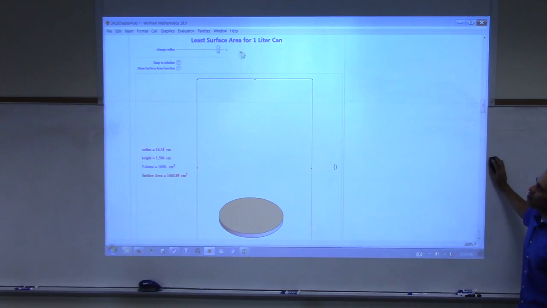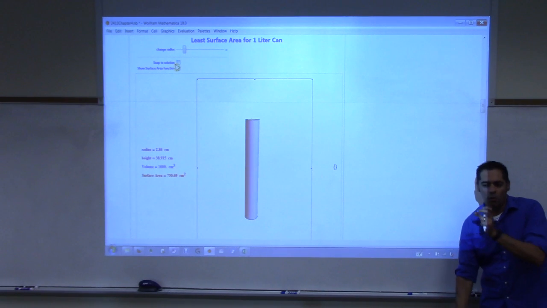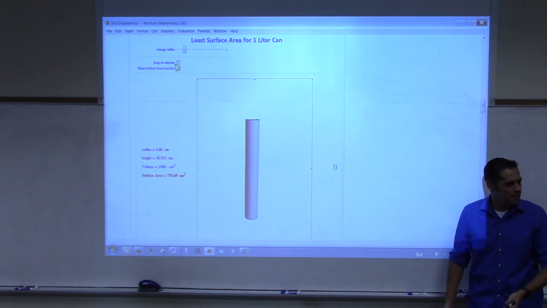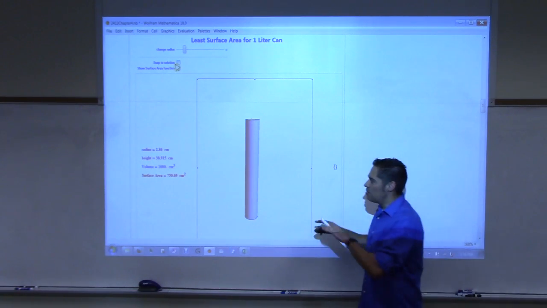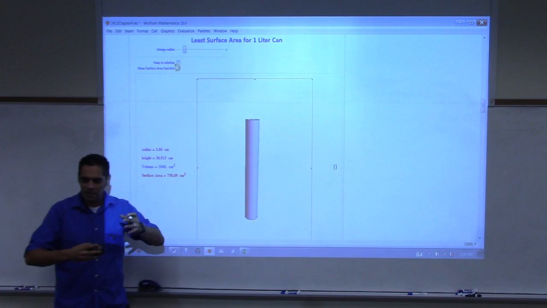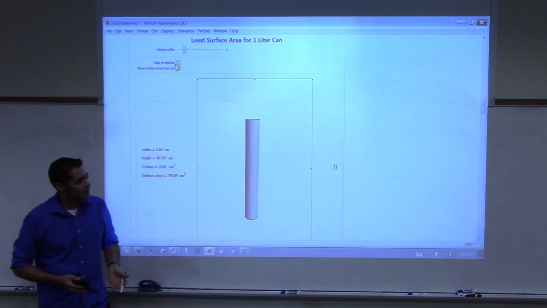Or we could have the really tall, narrow can that we're holding on the floor and drinking out of like that. Or we could have something in between. And for each of these shapes, there's a different amount of aluminum that you would need to contain it. And that aluminum costs money, right?